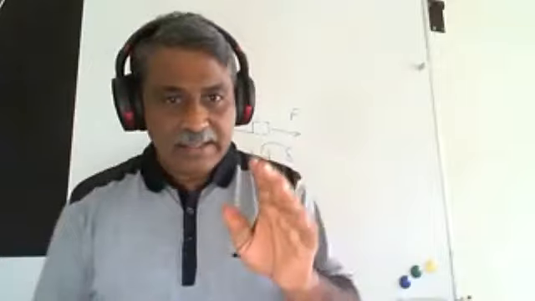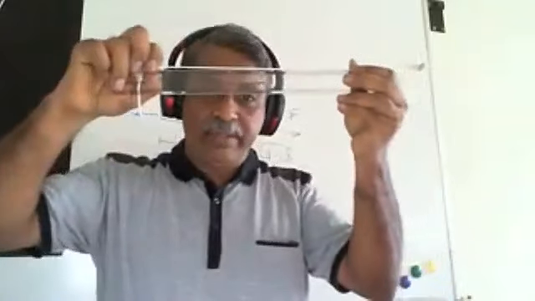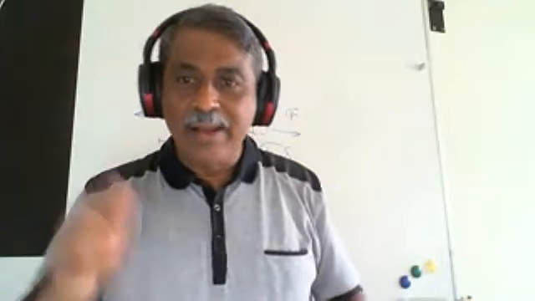So the total strain would be 50% plus 33%, which is 83%. But if I take this and stretch it to 20 centimeters from 10 centimeters, I get the strain to be 100%.